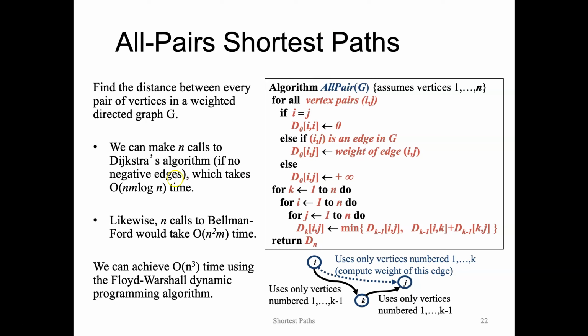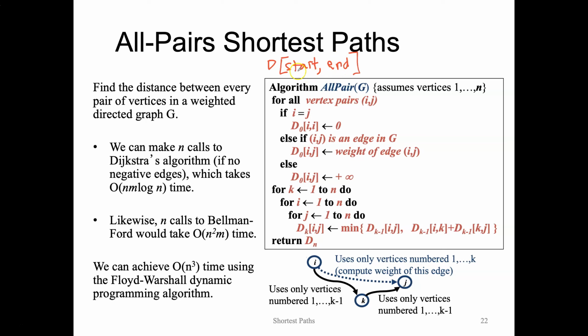So rather than building up a graph, we're going to build a set of distances between all possible pairs. So this is the distance from some start vertex to an end vertex. We can label every vertex from 1 to n.